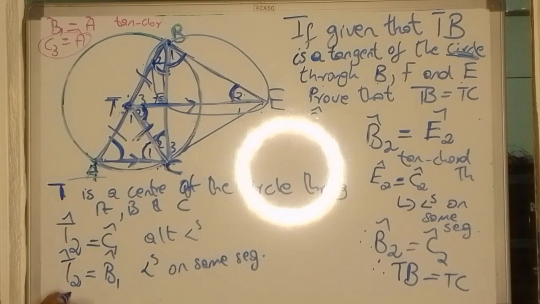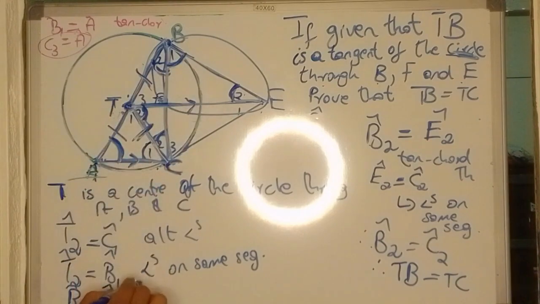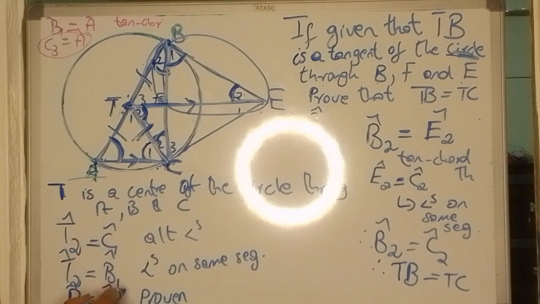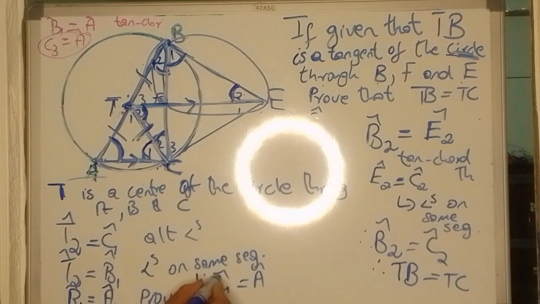And then also this angle B1 is equal to angle A. That was the tangent chord theorem that we spoke about earlier. You can just say proven, or you can write tangent chord theorem. It doesn't really matter at this stage. So notice that angle C1 and angle A are equal to the same angle, so we can conclude that angle C1 is equal to angle A, because both of them are equal to the same thing.